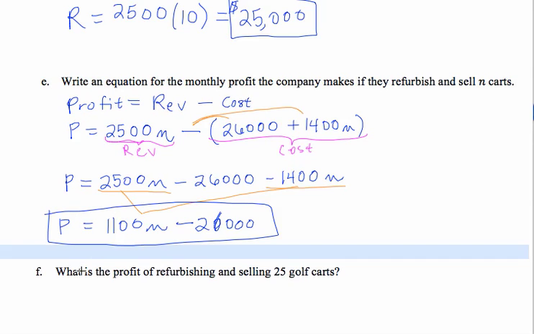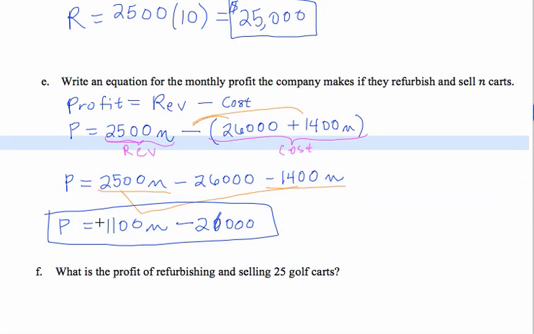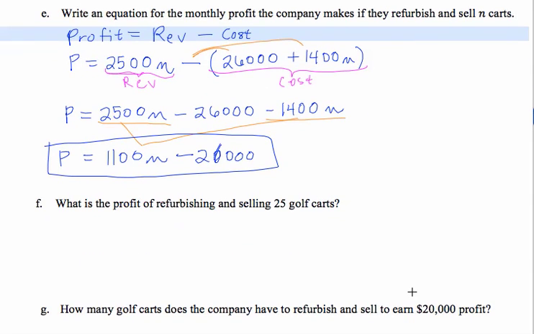Let's use that one. So what is the profit of refurbishing and selling 25 golf carts? So we're going to plug in 25 for N. So P is 1,100, right? Plugging in right here. 1,100 times 25 minus 26,000.